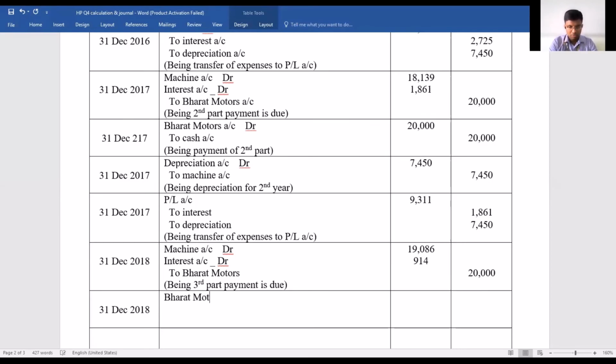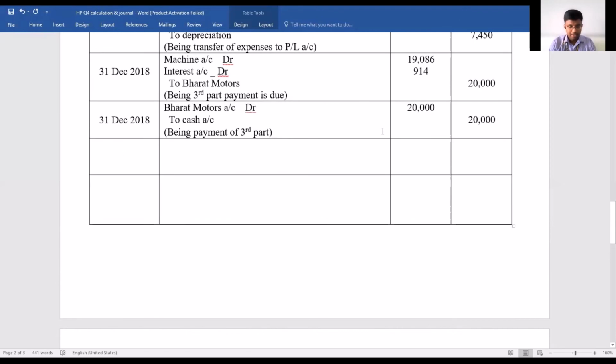Then 31st December 2018, Bharat Motors account debited 20,000 to cash account 20,000, being payment of third part. Then 31st December 2018, we have to charge for depreciation.